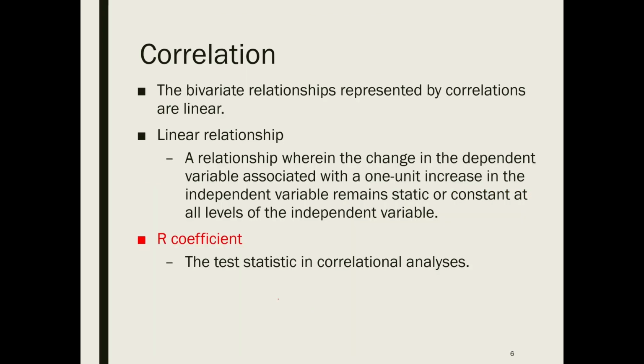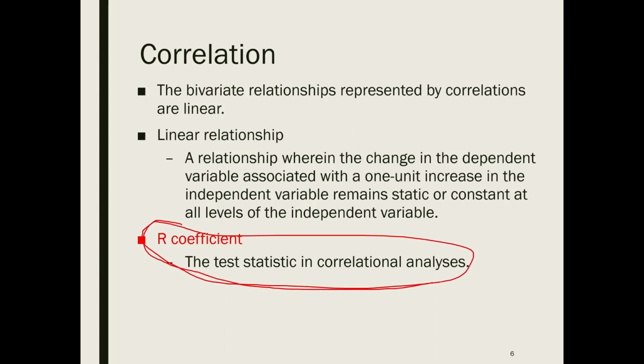The linear relationship is reflected in the R coefficient. This is one of the unique things in correlation: we use the R to represent the test statistic in the correlational analysis. Keep this in mind.